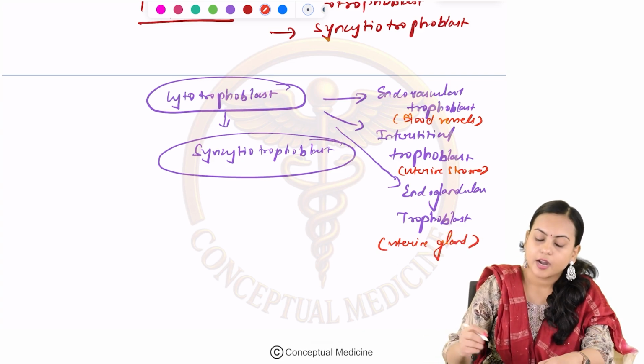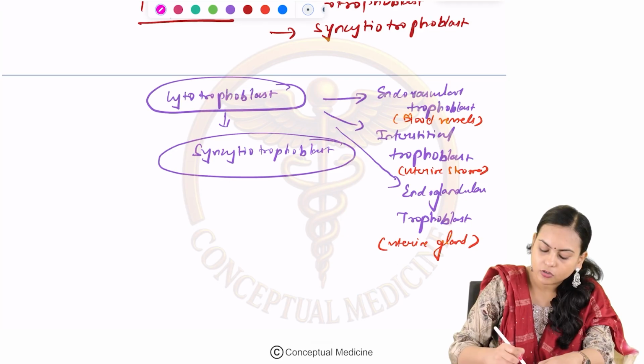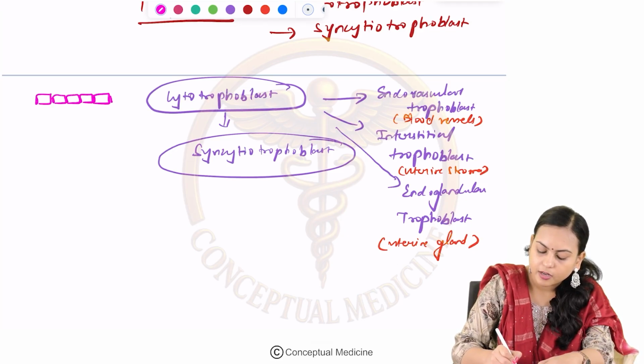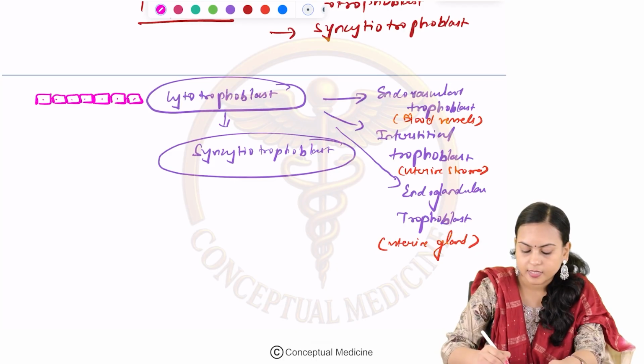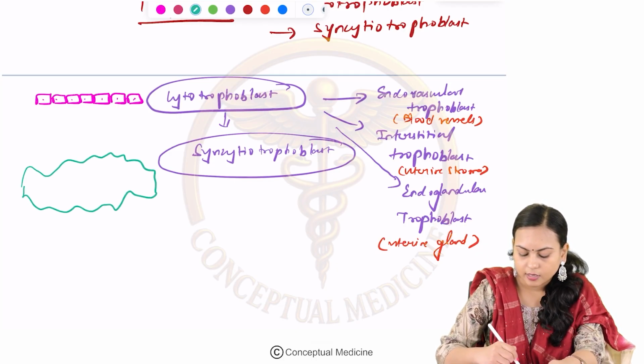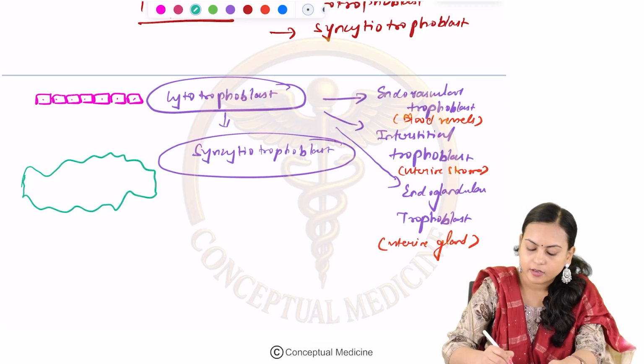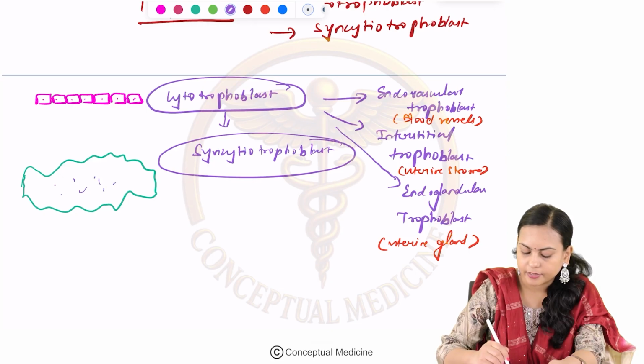And remember, cytotrophoblast is made up of single cells with individual nuclei, whereas syncytial trophoblast doesn't have any regular cell borders and is multinucleated like this.